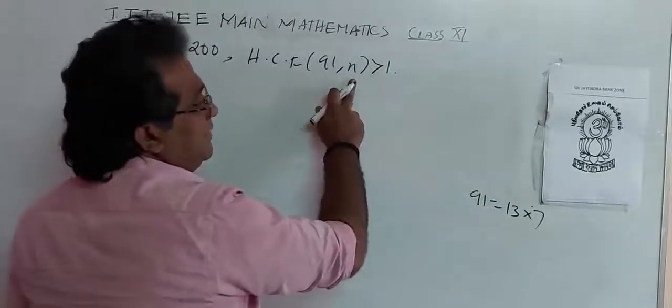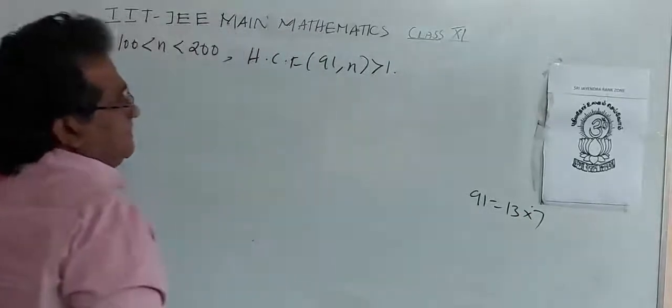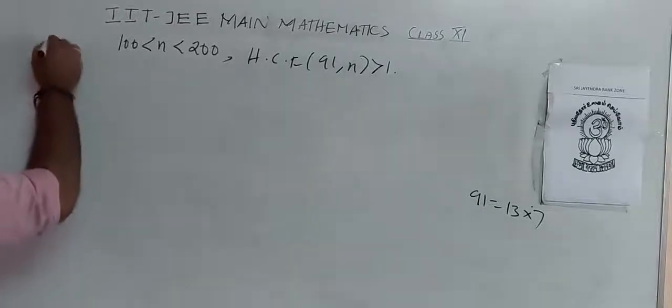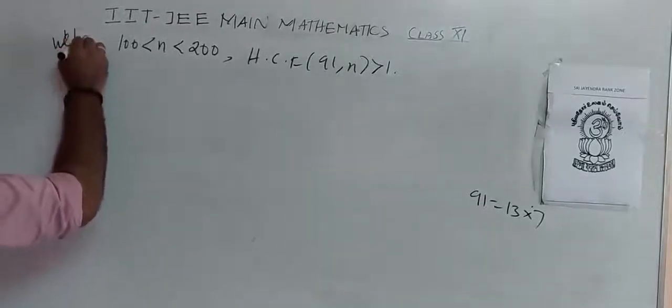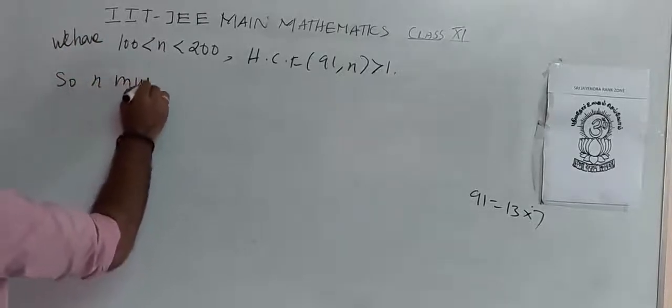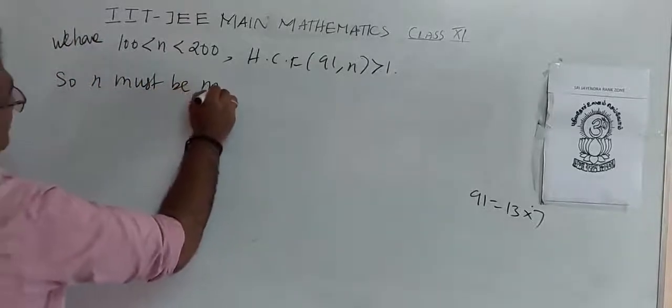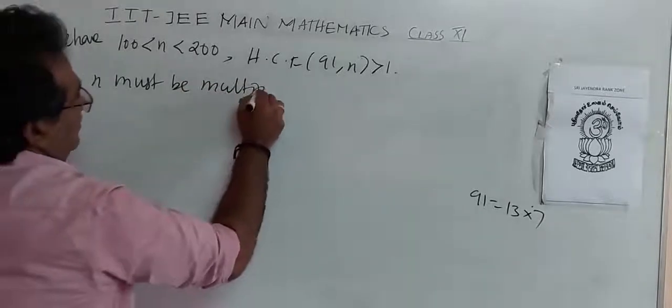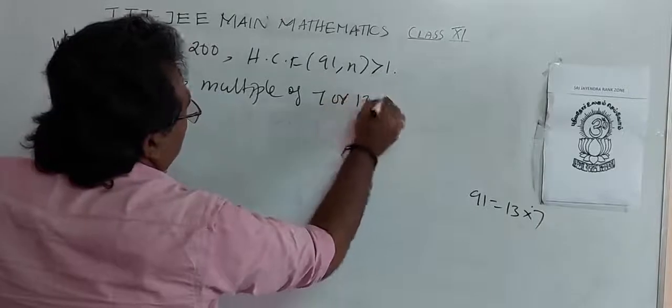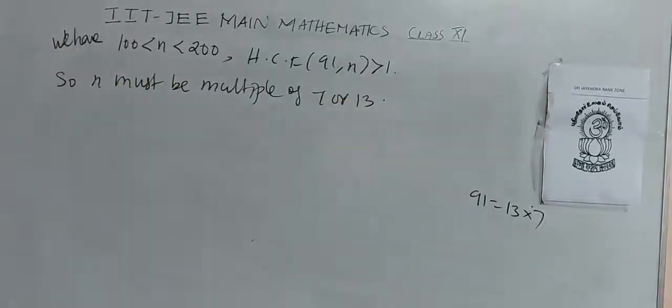Therefore n should be a multiple of 7 or a multiple of 13.